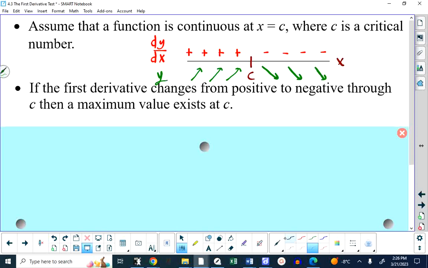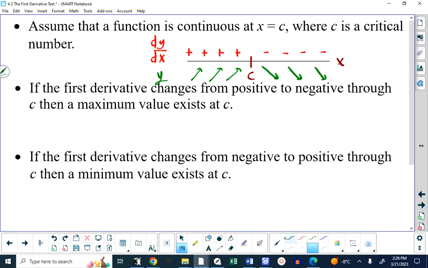So the straight black line is x. The green arrows represent what the function is doing. The only way you can go from having a positive to a negative slope is if you change direction and you go downwards. So that's a maximum. Similarly, I guess I will draw it.